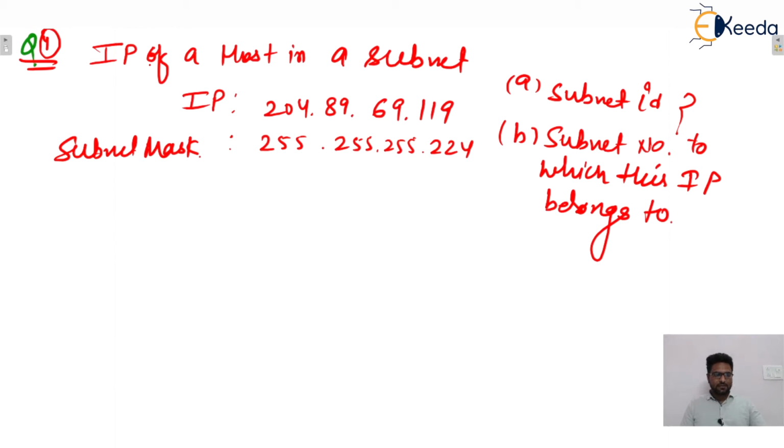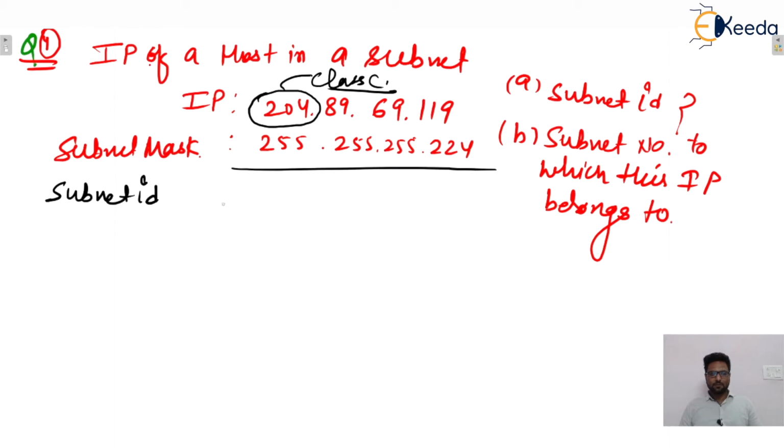From the given IP, you can recognize with the help of the first octet that this is class C. And you know for class C the default mask is 255.255.255.0. Now to get the subnet ID, perform the bitwise AND between the IP and the subnet mask.